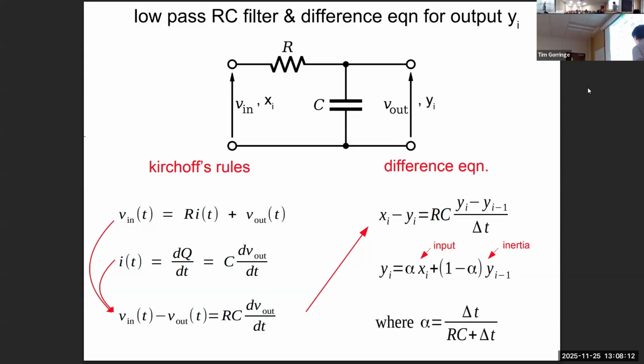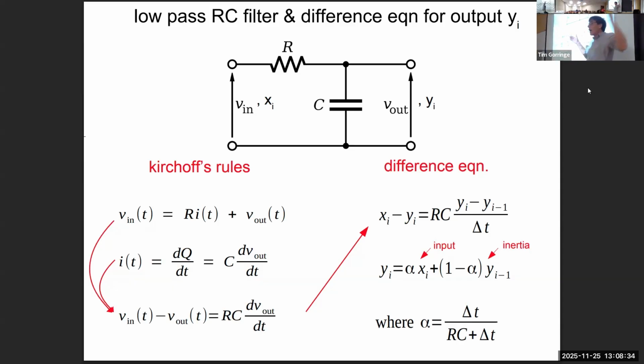So I'm just replacing the continuous variables, which are the input voltage and the output voltage, with their digital equivalents. The input is just going to be the xi's, like an array of input voltage values in these little discrete intervals.